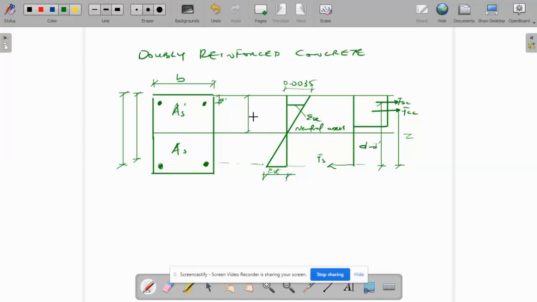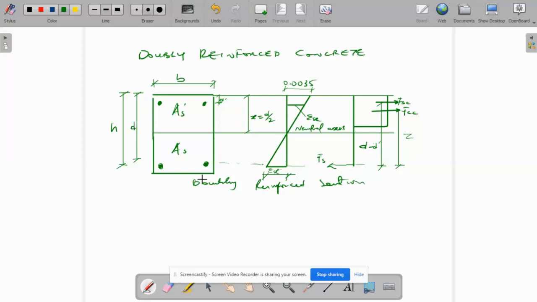We have our x equal to d over 2. So this is for a doubly reinforced section. This diagram here shows our height, and this is the effective depth.